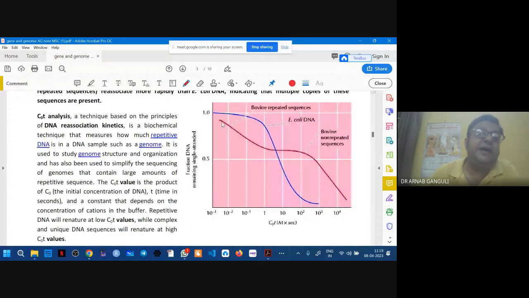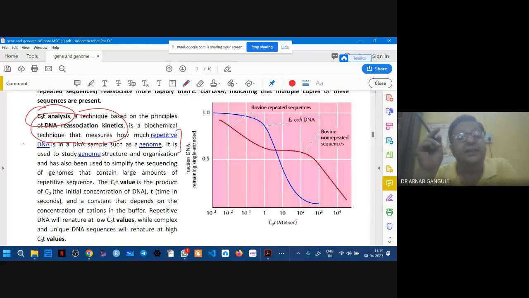So it is measured through what analysis? This is the technique based on the principle of DNA reassociation kinetics. It measures how much repetitive DNA is present in the genome. C0 is the initial concentration of DNA, which you measure at UV 260 absorbance.